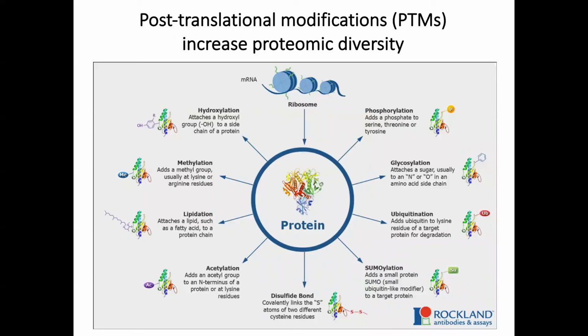Okay, so let's take a look at protein modification. Protein modifications sometimes are called post-translational modifications, or PTMs, which refers to the covalent and generally enzymatic modifications of proteins following protein biosynthesis. The PTMs can occur on the amino acid side chains.